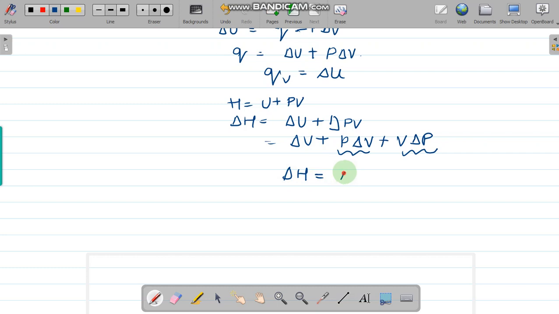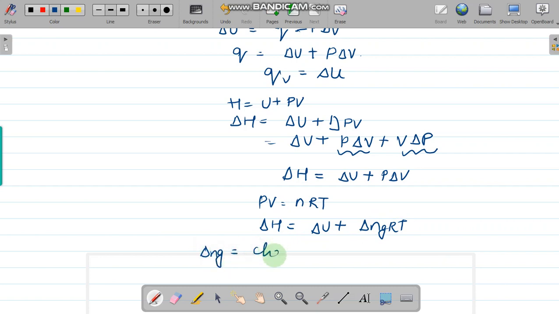So delta H is equal to delta U plus P delta V. Now, according to the ideal gas equation, PV is equal to nRT. So delta H is equal to delta U plus delta Ng RT.